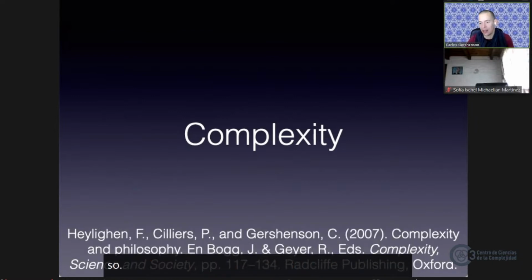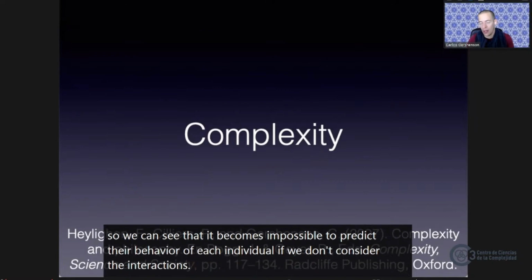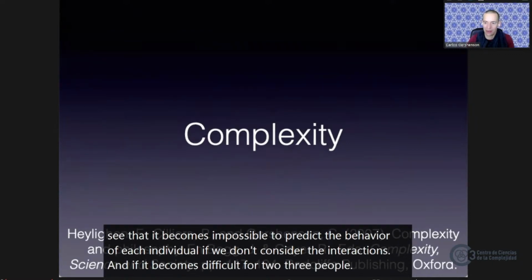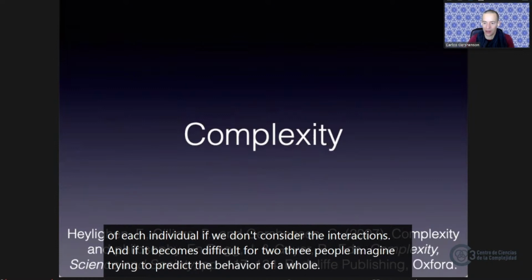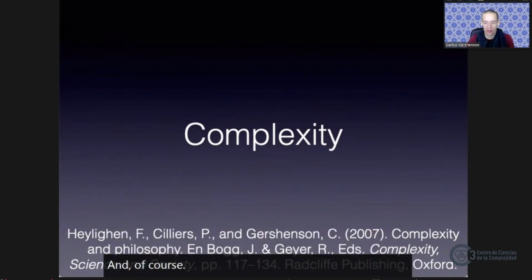So we can see that it becomes impossible to predict the behavior of each individual if we don't consider the interactions. And if it becomes difficult for 2-3 people, imagine trying to predict the behavior of a whole city or a whole society. And of course, we are limited in how much we can predict.